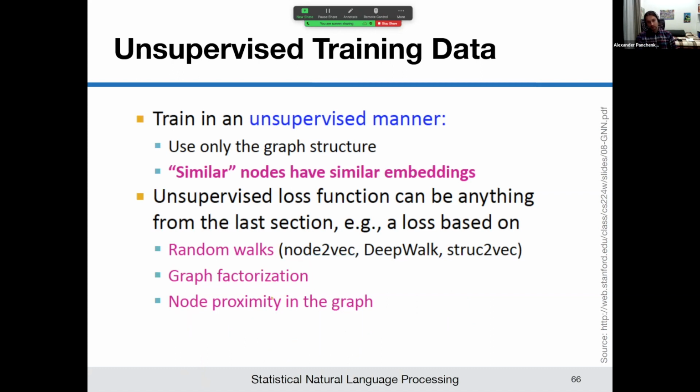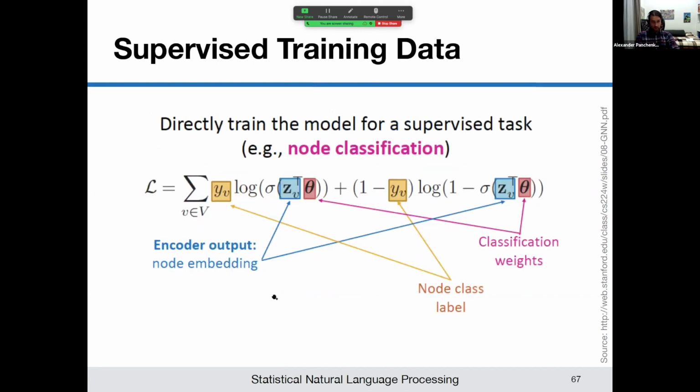Right? But given this objective, it's also alternatively possible to use direct supervision or direct labels.